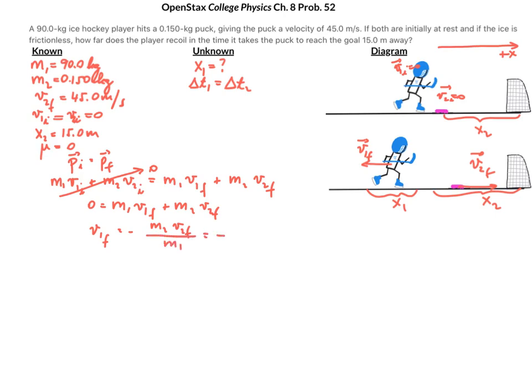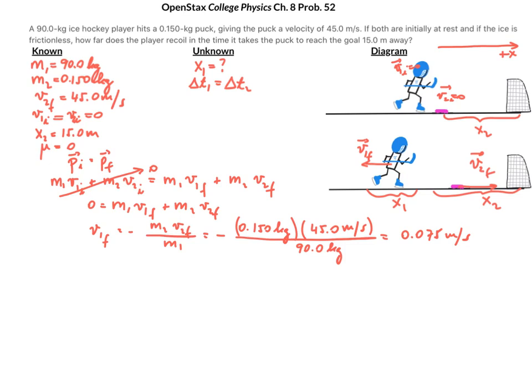When we plug in the numbers, we have negative m2, that is 0.150 kilograms, times v2 final, which is 45.0 meters per second, divided by m1, and that was 90.0 kilograms. When we plug in the numbers, we end up with negative 0.075 meters per second for the final speed of the hockey player.